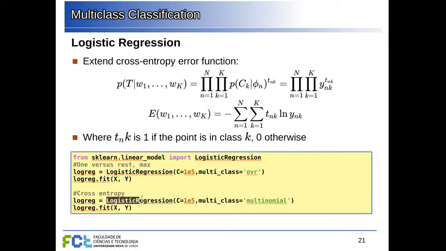Alternatively, you can train a logistic regression classifier but with this multinomial extension to an arbitrary number of classes. So in this case it will only use one multinomial logistic regression. The training is a bit more computationally demanding, but then you have the logistic regression trained for all these classes.